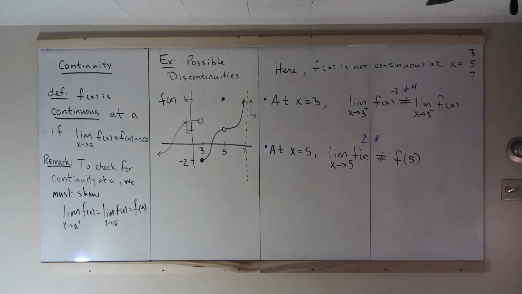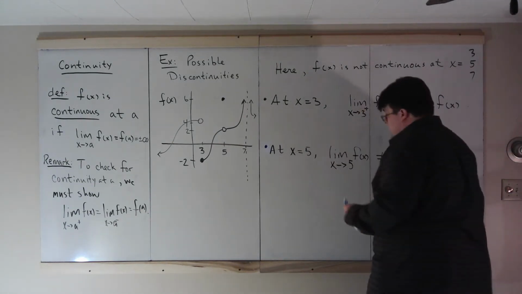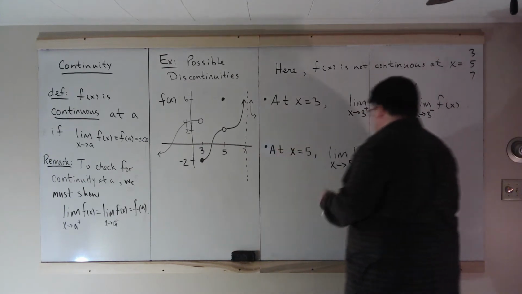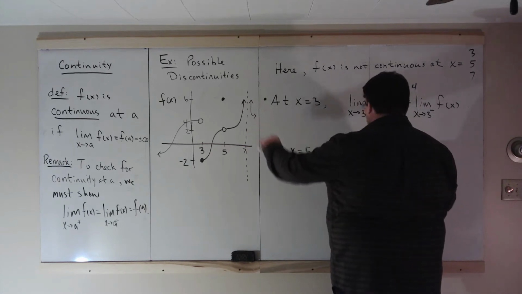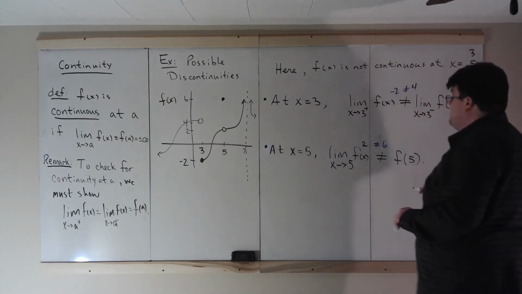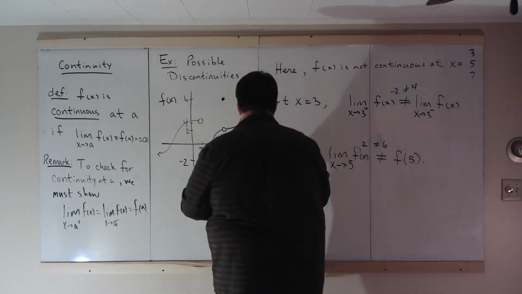I'll write this one smaller: the limit as x approaches 5 is 2, and f of 5 equals 6, and they're not equal.